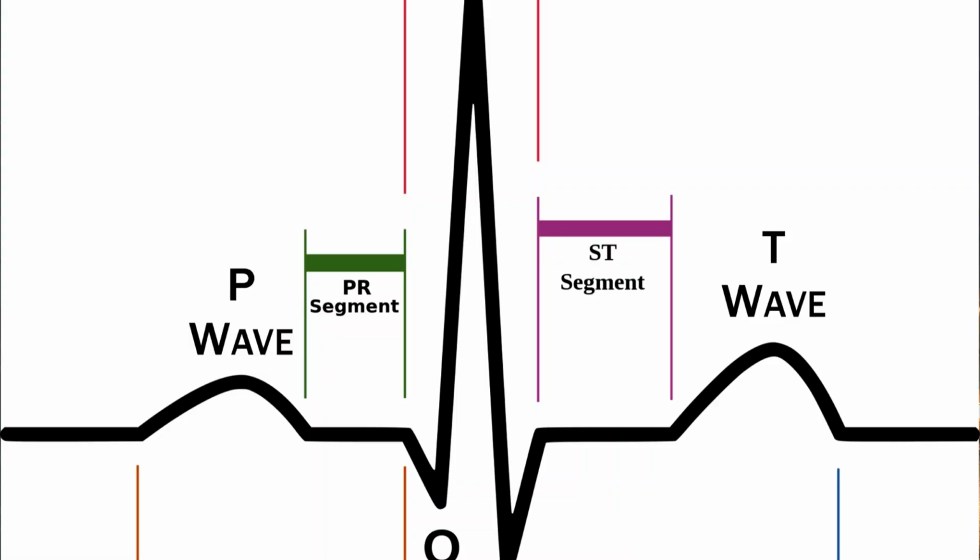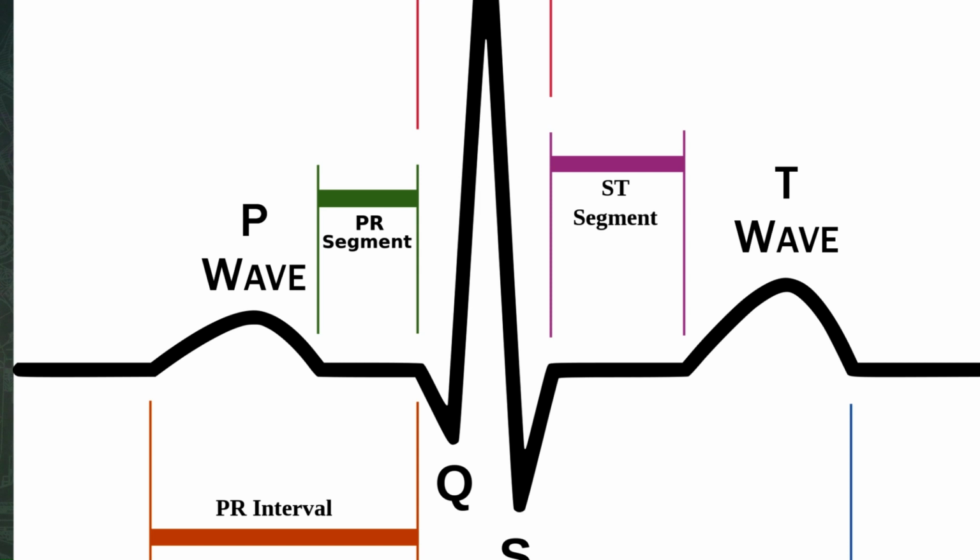Next thing I would like to talk about is called a segment. A segment is actually a flat line, part of the isoelectric line we talked about, that occurs between waves. You know, there are all types of segments between all the waves, but there are two types of segments I would like to talk about more. One is called the ST segment, basically a flat part of the line which is located after the S wave of the QRS and before the T wave starts. It's called the ST segment.